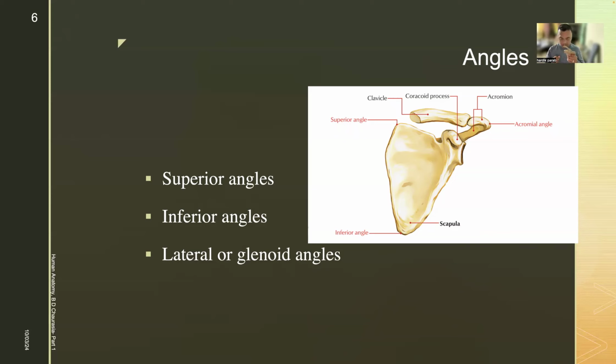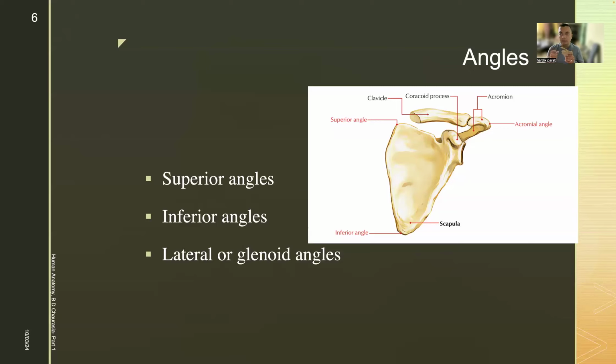So we have a big fossa over here, which is called the glenoid fossa, and this is directed laterally, forward and upward. ये थोड़ा सा laterally forward और upward present होता है, जिसकी वजह से आपका head of the humerus थोड़ा सा आगे की तरफ रहता है.